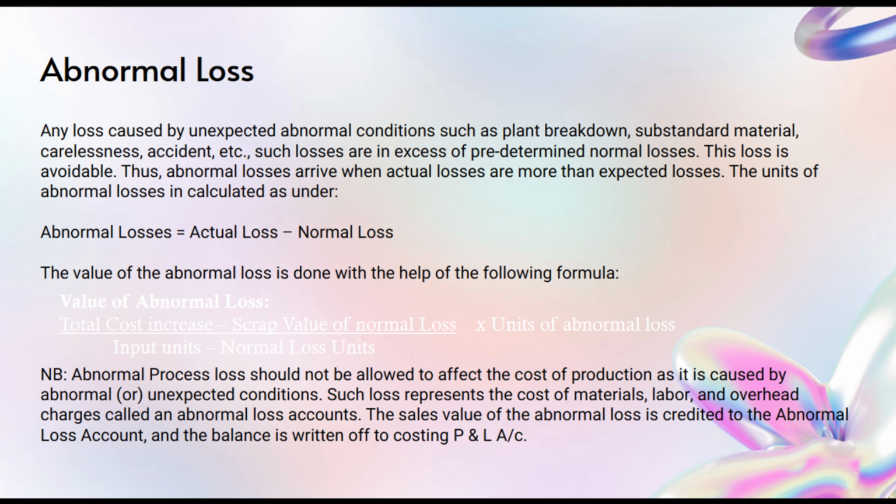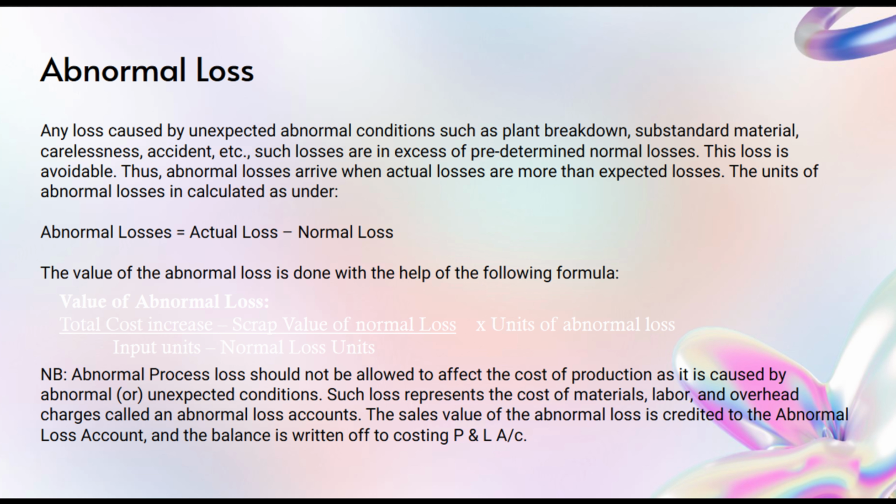Abnormal loss is equal to actual loss minus normal loss. The value of abnormal loss is done with the help of the following formula. Total cost incurred minus scrap value of normal loss, divided by the input units minus the normal loss units, multiplied by the units of abnormal loss.